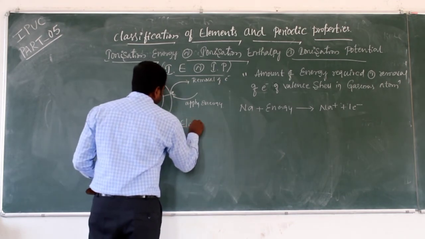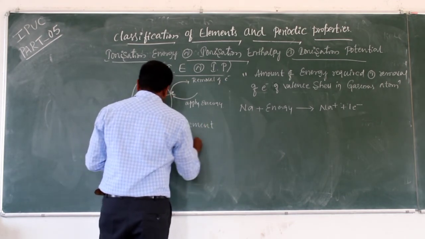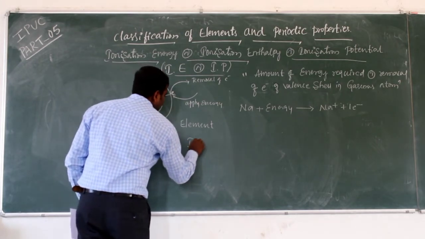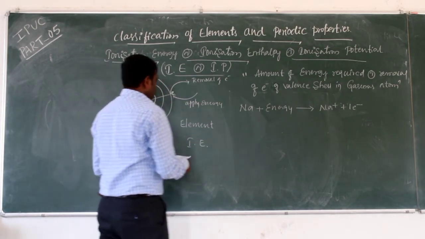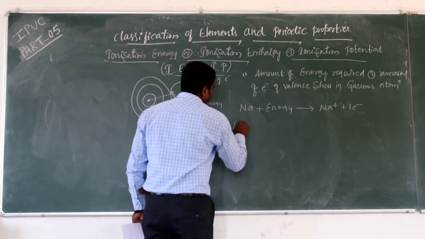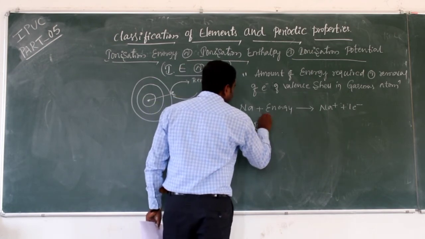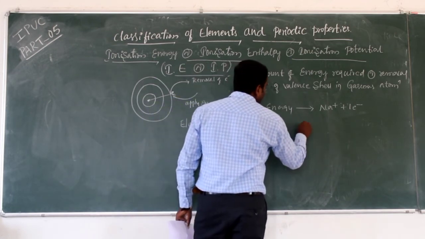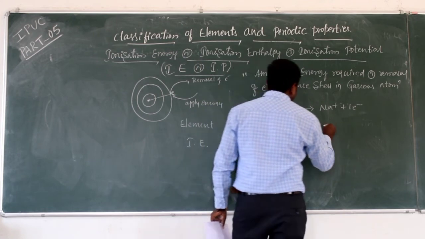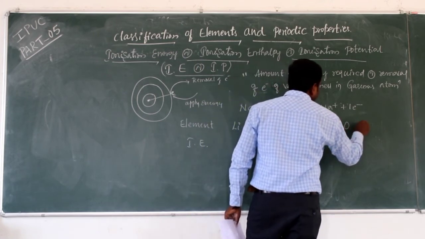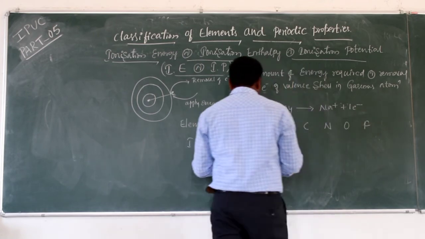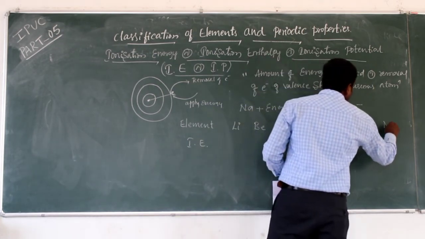Elements along the period, next ionization enthalpy. Okay, see lithium, beryllium, boron, carbon, nitrogen, oxygen, fluorine, and one more, neon.